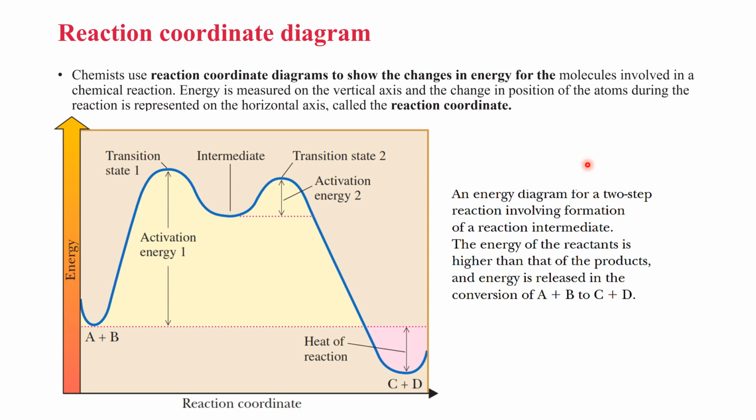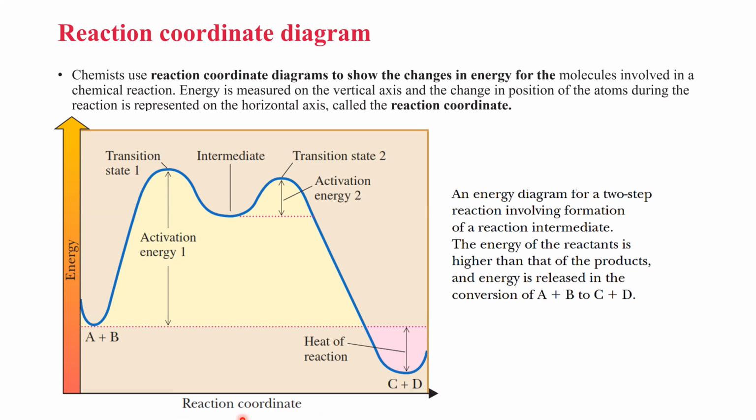Now I need your attention for this figure that you have. If you just look at this, on the y-axis we take the energy, and that is usually the Gibbs free energy, the heat or the energy of the reaction. We plot that versus the reaction coordinate.